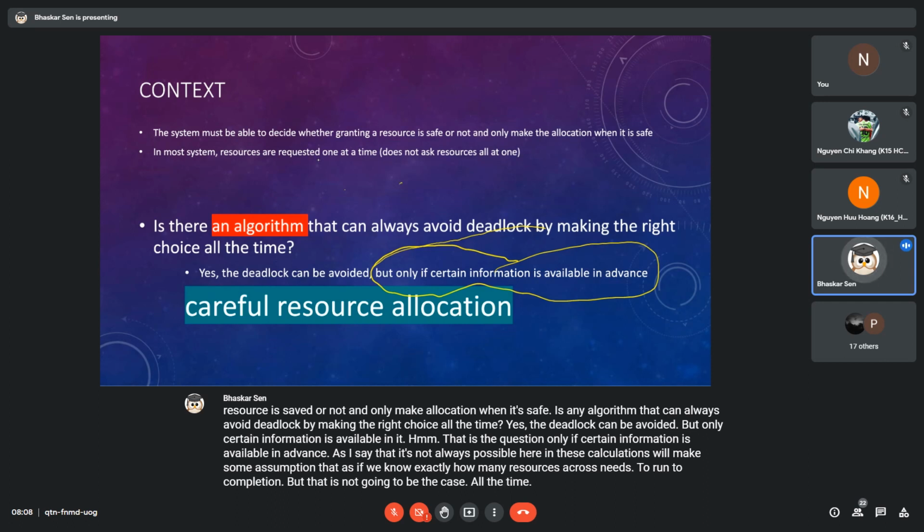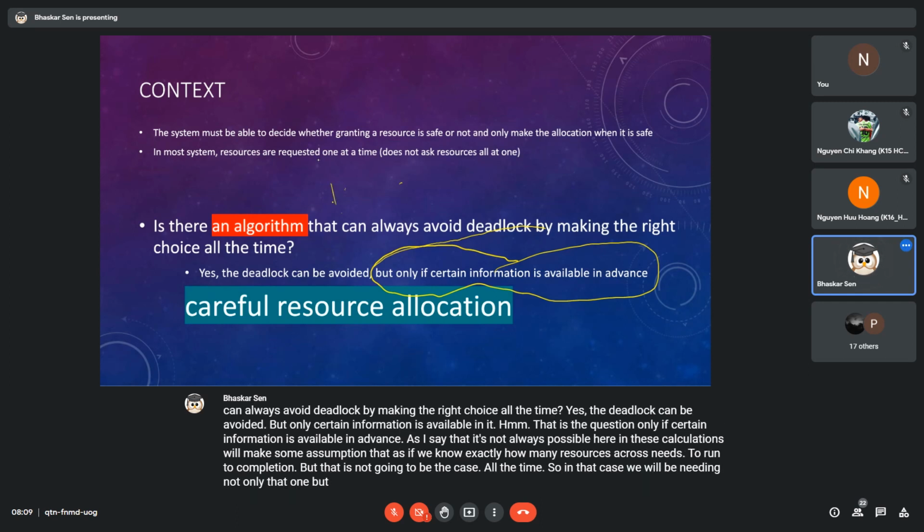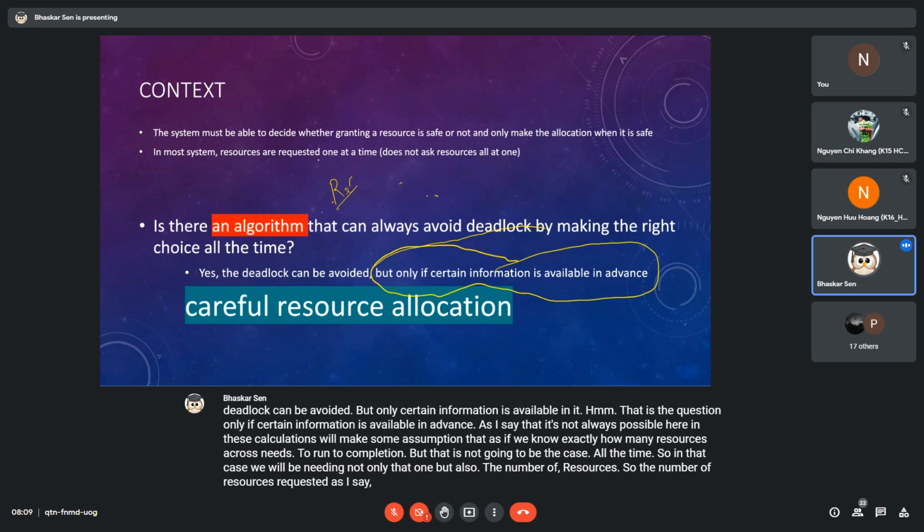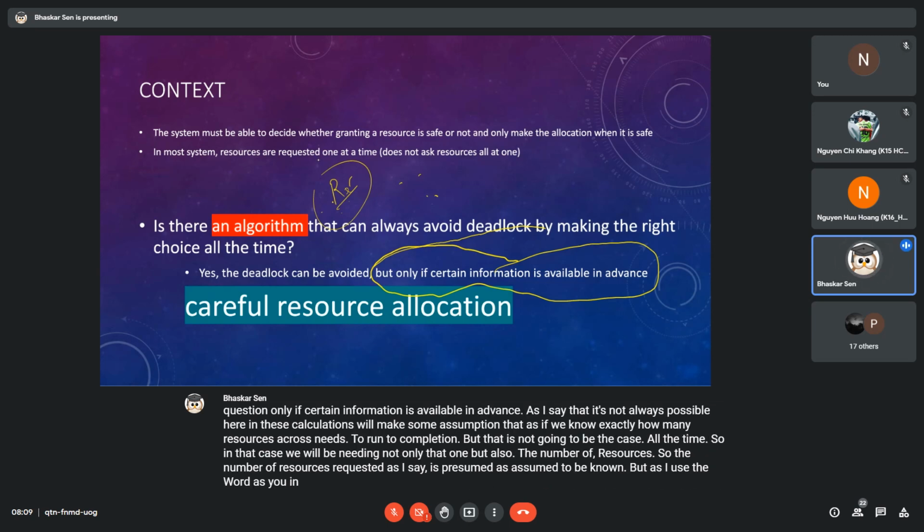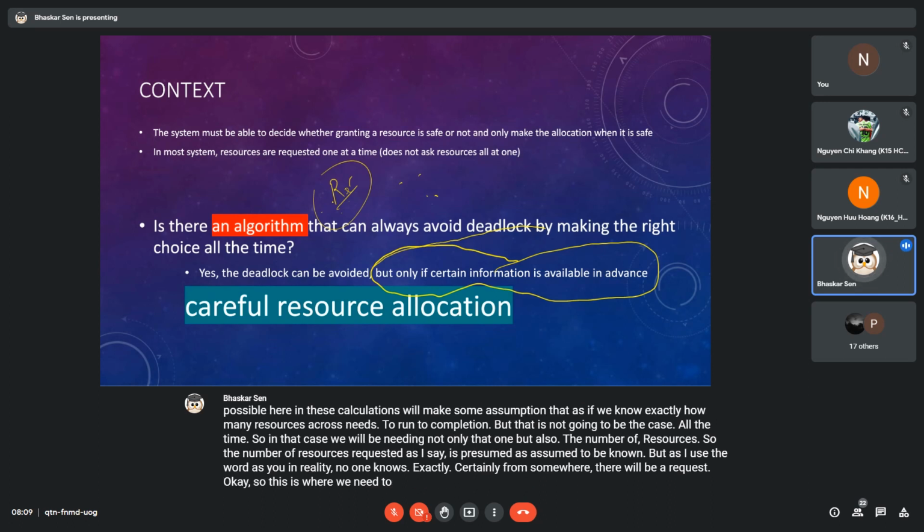So we also need the number of resources requested, which is presumed to be known. But as I use the word assume, in reality, no one knows exactly. Suddenly, from somewhere, there will be a request. So this is where we need to be very, very careful.